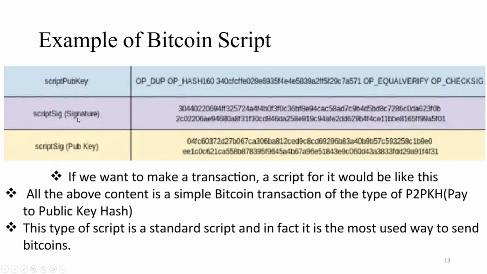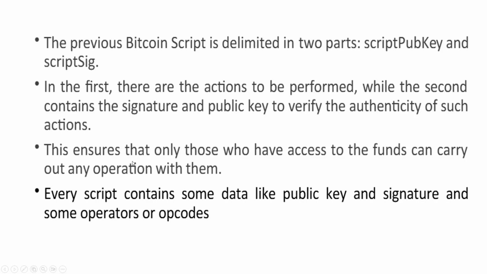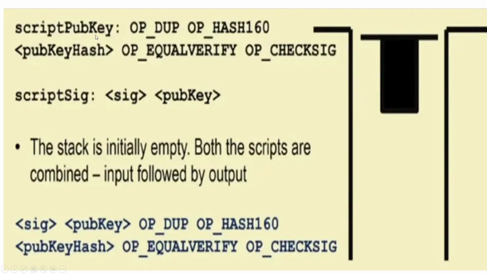Every script will contain some data like a public key and signature, and some operators, some opcodes. So we'll take these two elements. As we saw, the script public key has OP_DUP, OP_HASH160, public key hash, OP_EQUALVERIFY, and OP_CHECKSIG. So these are the opcodes.